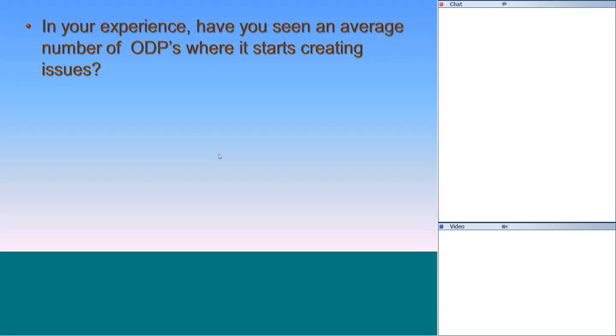Then you get 3, 4, 5, 6, 20, 30 of your staff. You might have an order-taking call center manned by 30 people, and they're all opening the same application, but in different jobs. Each one of those jobs requires 500 open data paths.